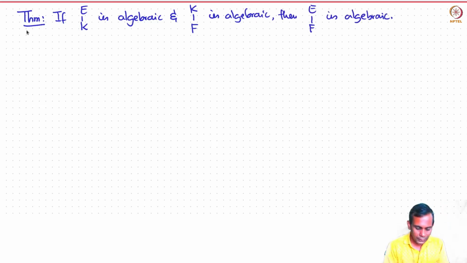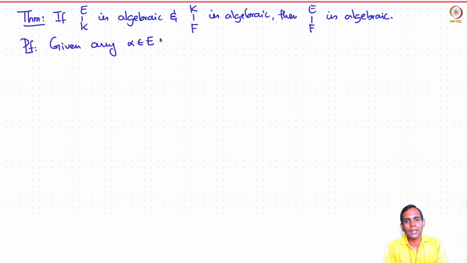In order to prove this, we need to show that given any alpha in E, the degree of F alpha over F is finite. This is what we need to show. Okay, so let's try to do that.